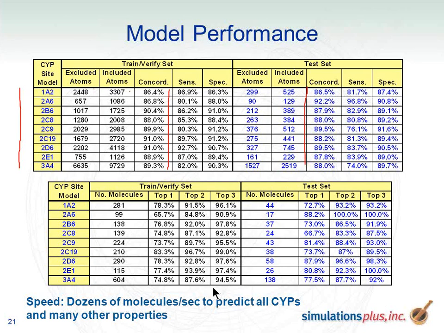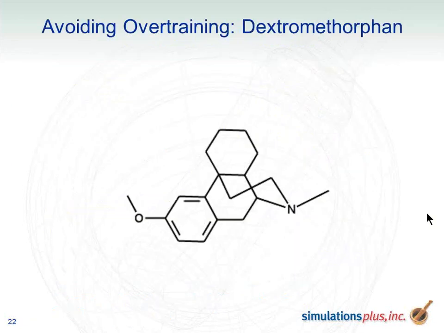For example, if N is 2, then a molecule is counted as positive if one of its top 2 scoring atoms is a metabolic site, and that's why these percentages increase going from left to right. As you can see over here, typically for all of our models, one site of metabolism is in our top 3 scoring sites.